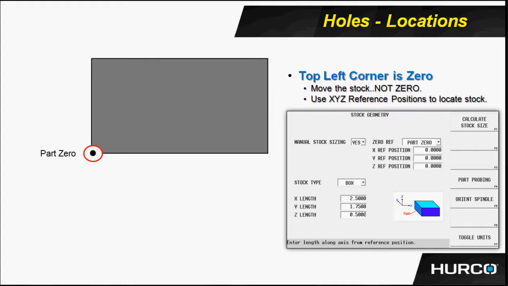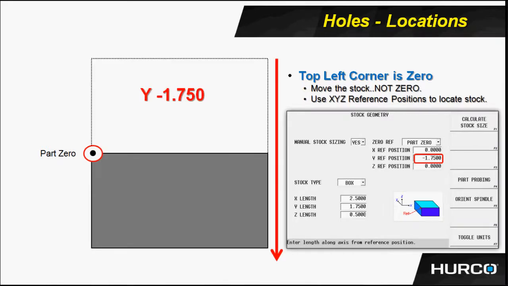What I mean by that is, using the X and Y reference positions, if I'm going to make the top left or back left corner of the part 0, then I need to move the stock in the negative Y direction. Notice part 0 didn't move, the actual stock geometry moved. And I did that, if you'll look in the right picture there, by putting a negative 1.75 dimension in the Y reference position.